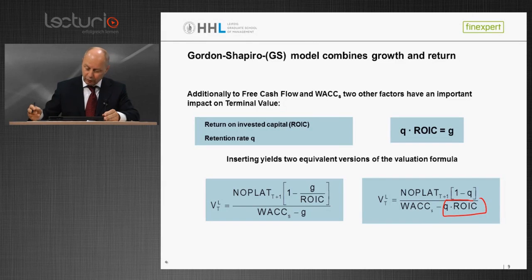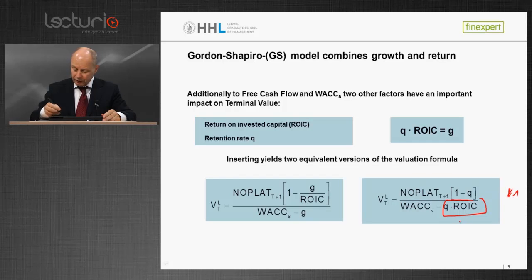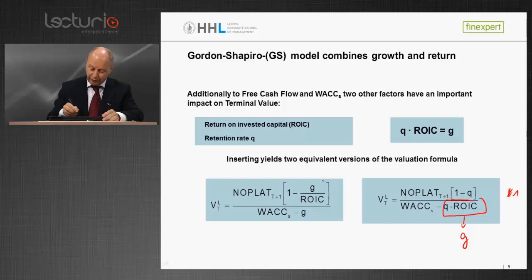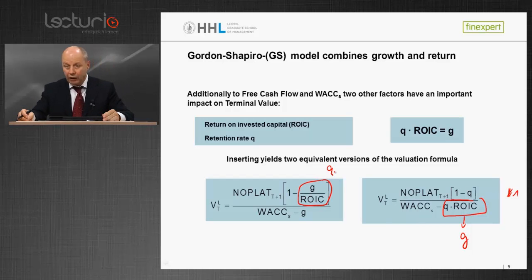growth over ROIC into this equation. So this is version number one. Here we replace our growth by the combination of retention times ROIC, or the other way around, we replace our Q by the ratio of G over ROIC.